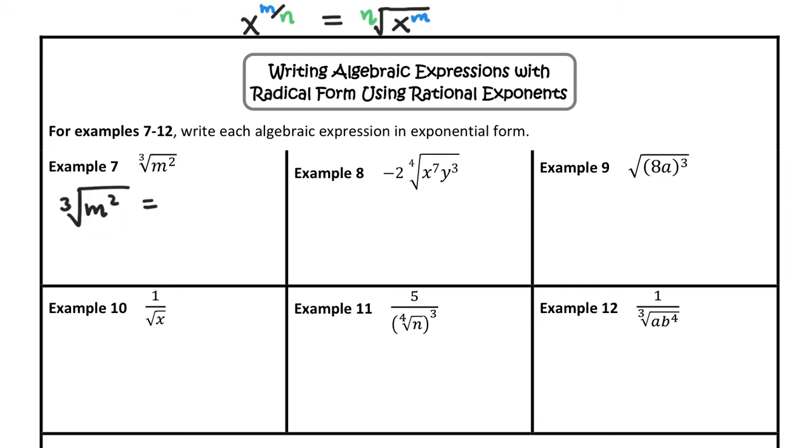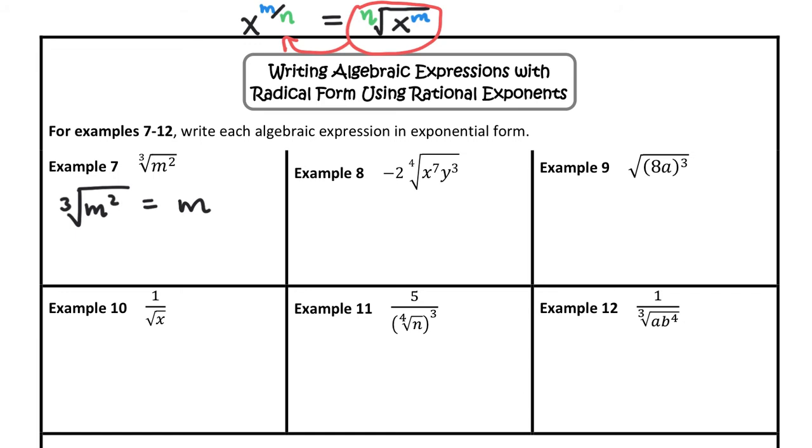So now we were working with problems like this in the first 6 examples, and then we were changing them from this version to the radical version. Now we're going backwards. Now we want to go from this form to this form. So how do I go back to that form? We write the variable, and then we write a fraction with the numbers that are in the front and inside.